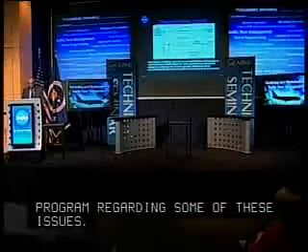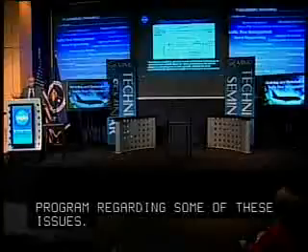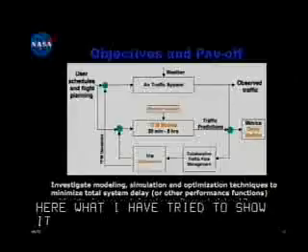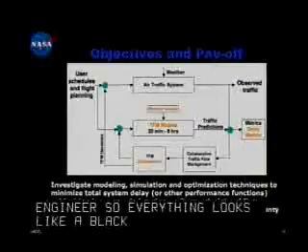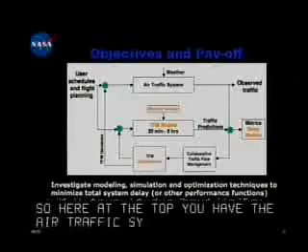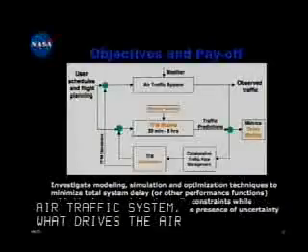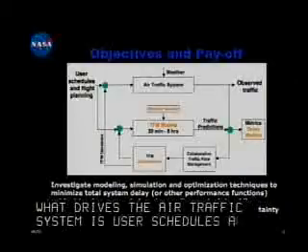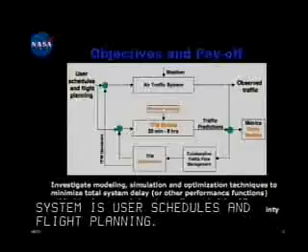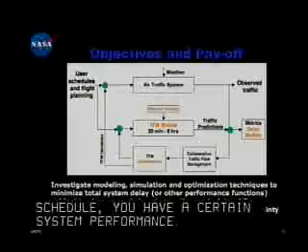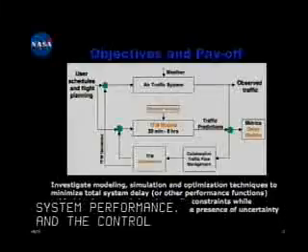Here, what I have tried to show is, I'm a control systems engineer, so everything looks like a block diagram to me. So here at the top, you have the air traffic system. What drives the air traffic system is user schedules and flight planning. And based upon the nominal schedule, you have a certain system performance. And the control system, or the air traffic system, gets perturbed because of bad weather.